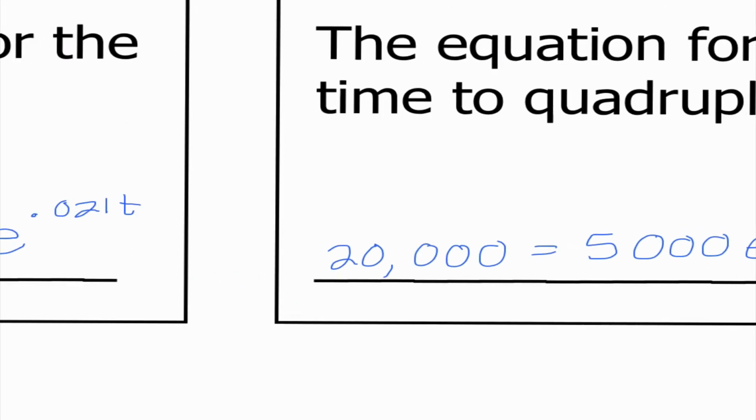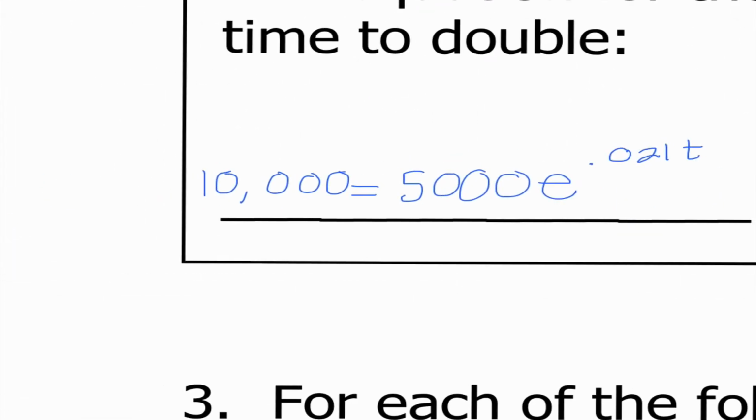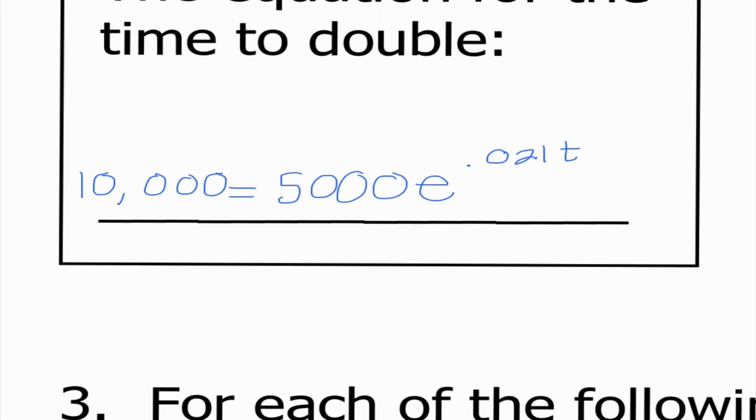Okay, so I actually want to look back at this very first one and demonstrate something. If we notice, and we saw this in our notes on a previous lesson, my unknown value is up in my exponent, so we do know we need to change forms. The issue here is 5,000 is not being taken to the power, so I need to start by dividing both sides by 5,000, which would give me 2 equals e to the 0.021 t power.